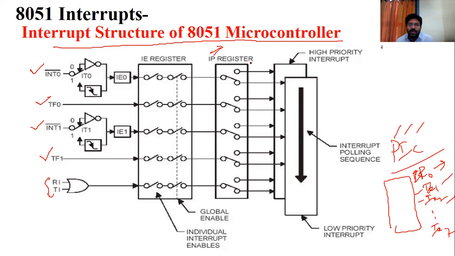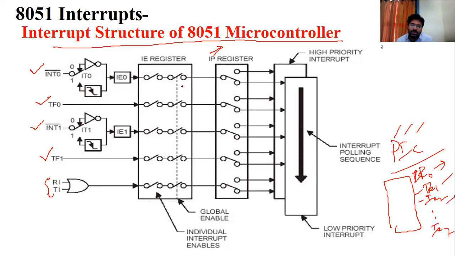Likewise, here also there are some priorities. There is a list of priorities available. Which one is the highest priority, and which one is the least priority out of these five? You are giving these 5 interrupts at a time, and then the microcontroller has to think about which interrupt request it is going to accept.